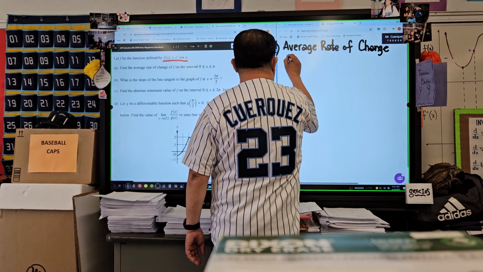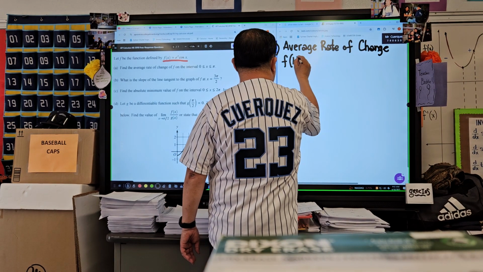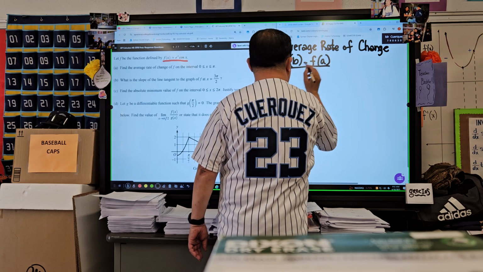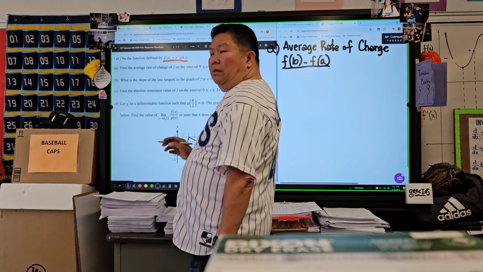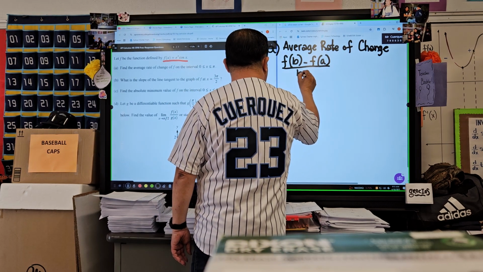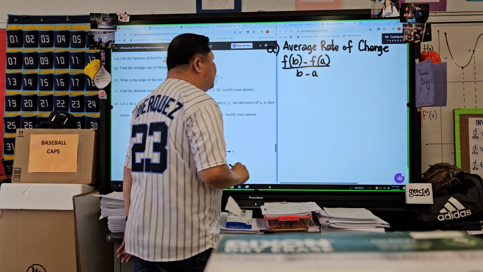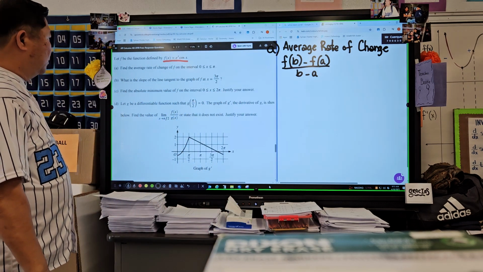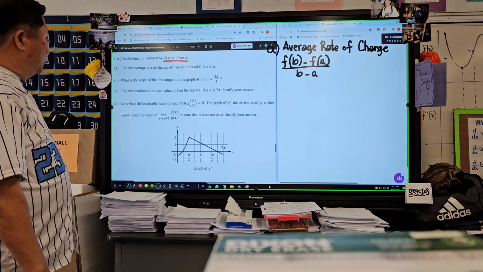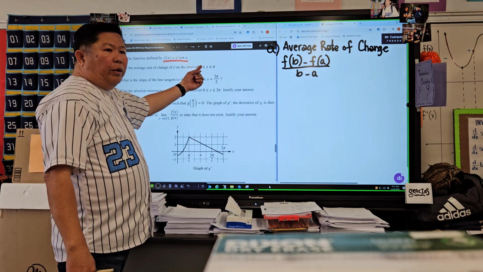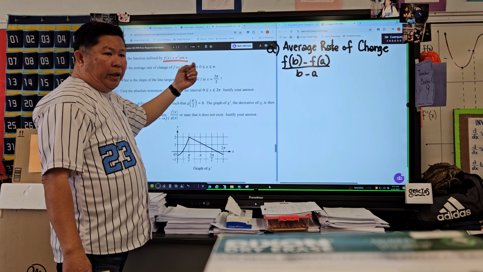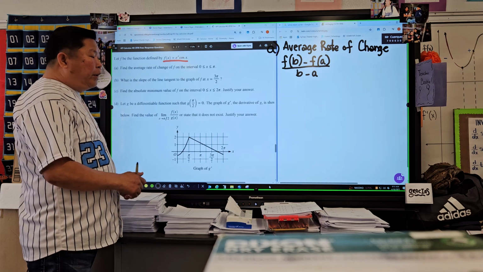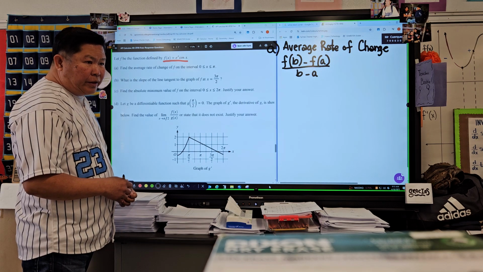So we say f of b minus f of a over b minus a. Which means our a is 0 and b is pi, and we have this function f of x is equal to e to the power of x cosine x.